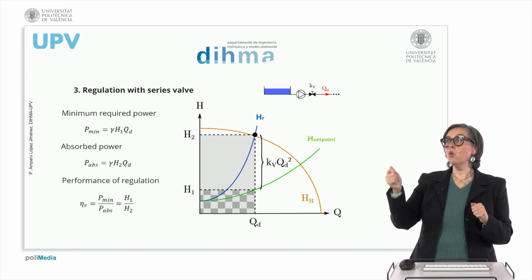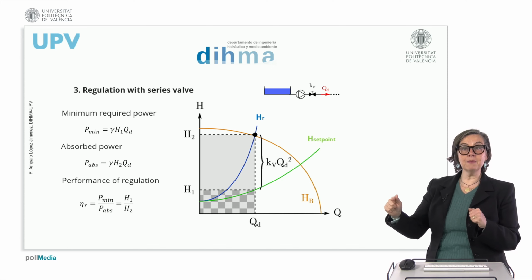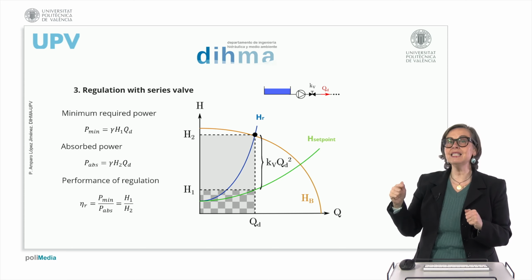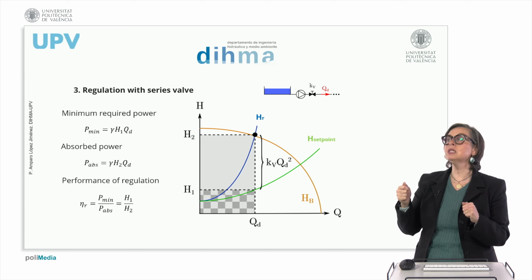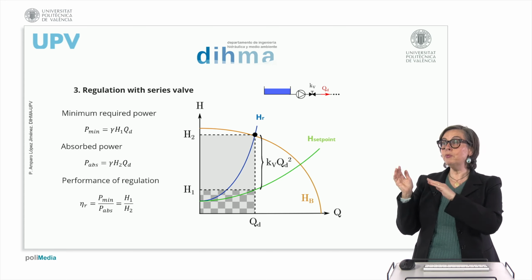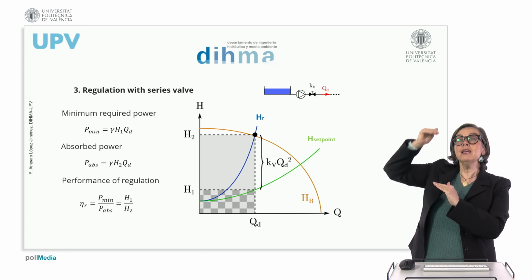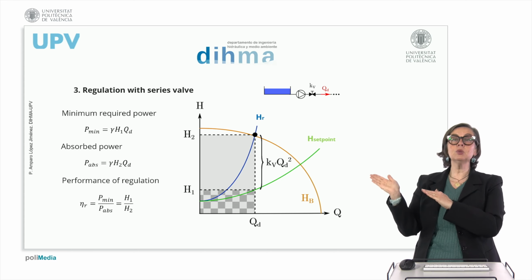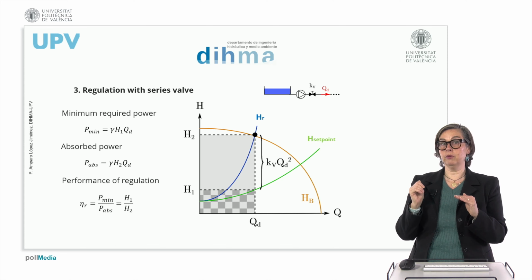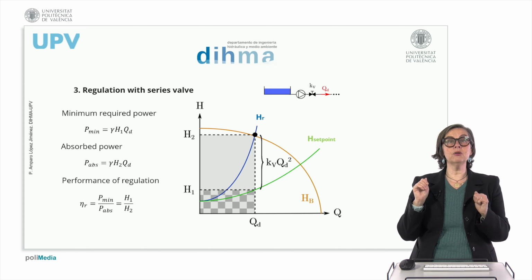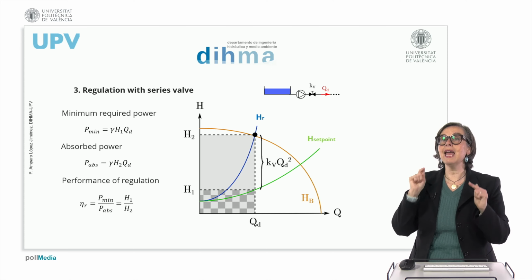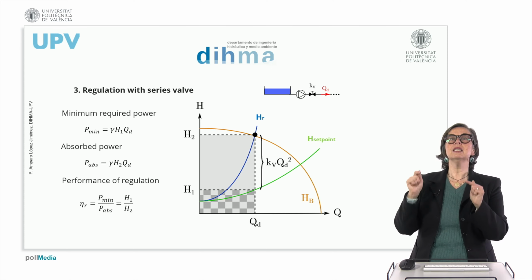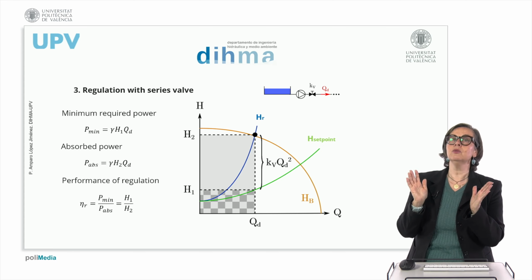When we consider the performance of regulation, relating the minimum power in the system with the total power absorbed by the pump, we will see that to provide the flow, we increase the head because we are changing the set point curve. So the performance of regulation is the relationship between heads, which in this case is smaller than 100%.